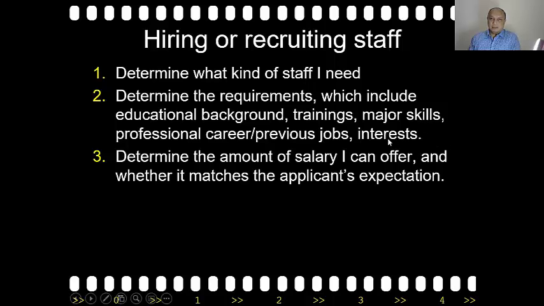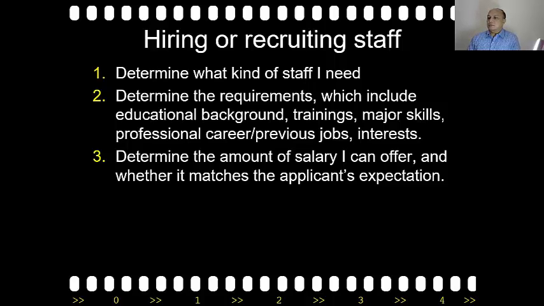Now, this last one is important because by knowing their interests you will know whether they like doing something or not, what kind of activities they are inclined to, what kind of activities they will find interesting, and what kind of activities turn them off. So interest here is probably a simple one, but it tells you something important about the applicant.